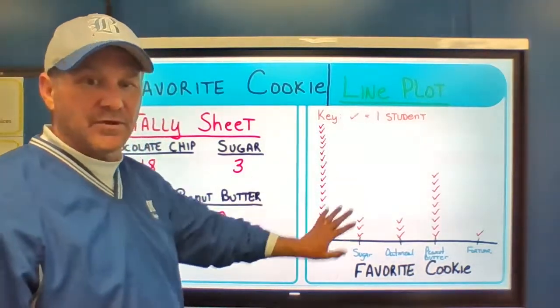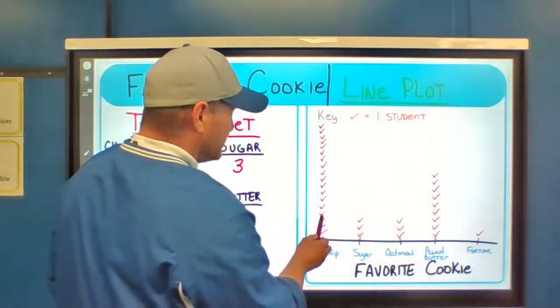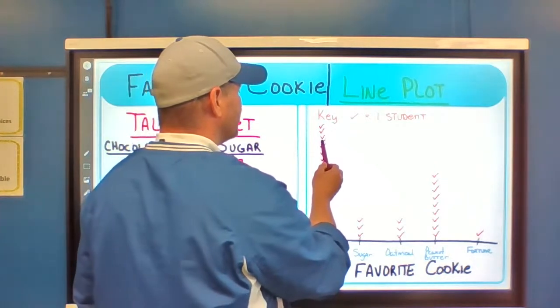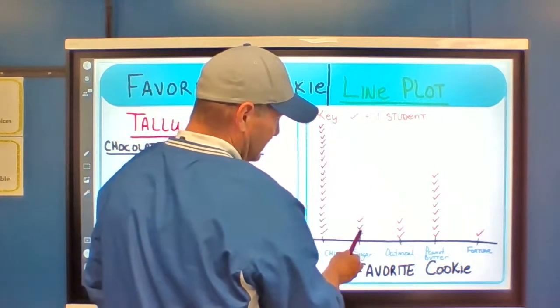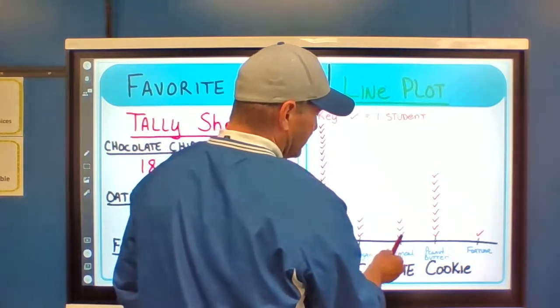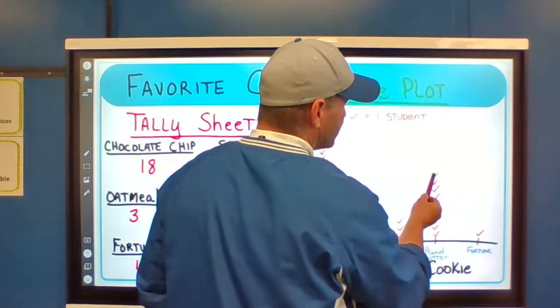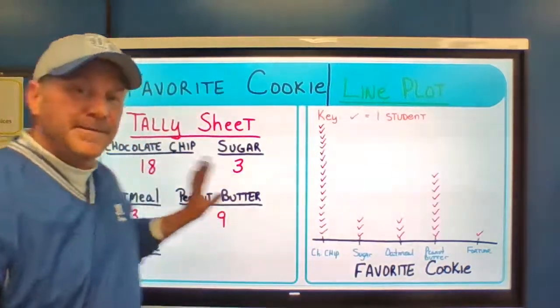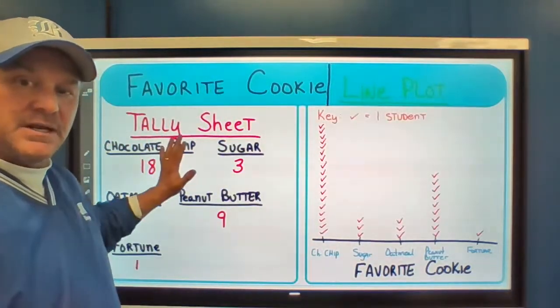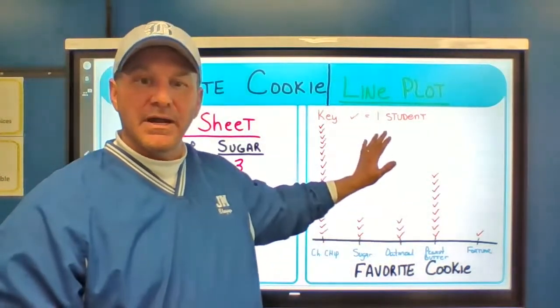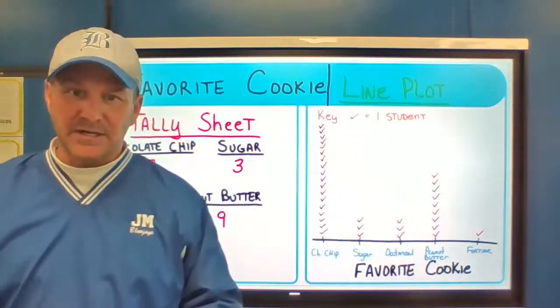I better have 34 check marks. 1, 2, 3, 4, 5, 6, 7, 8, 9, 10, 11, 12, 13, 14, 15, 16, 17, 18, 19, 20, 21, 22, 23, 24, 25, 26, 27, 28, 29, 30, 31, 32, 33, 34. So I'm good. There's 34 students that participated and are on my tally, and there's 34 students represented in my line plot as well.